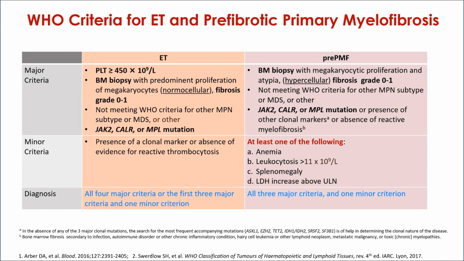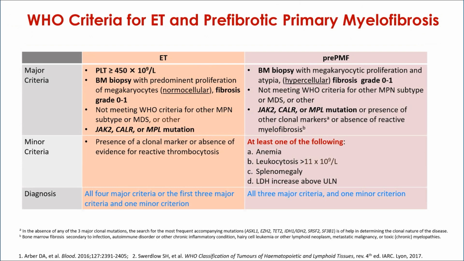So to compare the two, I see here in the orange ET: high platelets, normal cellular bone marrow, no fibrosis of significance, and of course, no other disease, and a presence of one of these driver mutations. If you look to the right, this is prefibrotic myelofibrosis. Typically, again, patients present with high platelets, but the bone marrow is hypercellular, no fibers, and they have one of the other driver mutations.